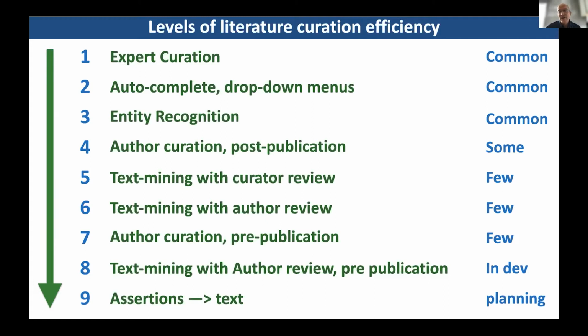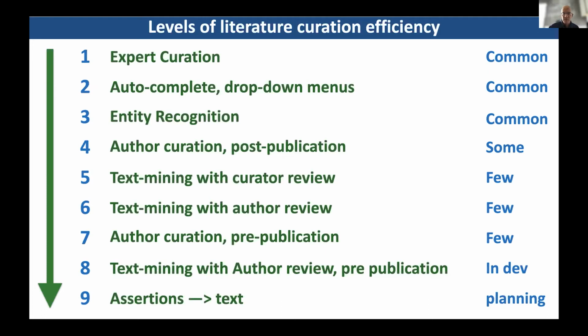The software got better, I don't know, 15 years ago, where there were web-based tools, autocompletes for using the controlled vocabularies, drop-down menus, and the user interfaces for the curators made a lot more things a lot more efficient. That's in common use. Entity recognition of bioentities is also in common use, as we've been hearing in the meeting. And then it gets more elaborate, which is what I want to focus on and how we can move forward.